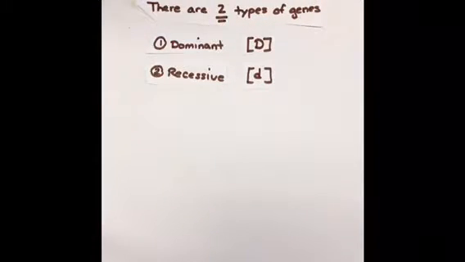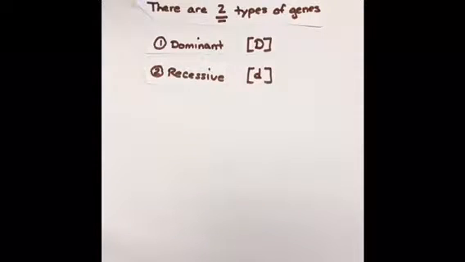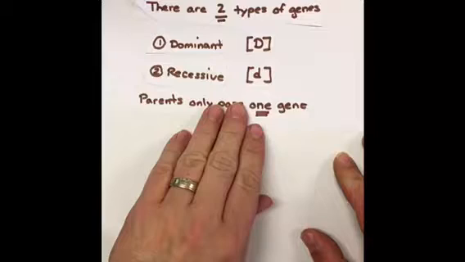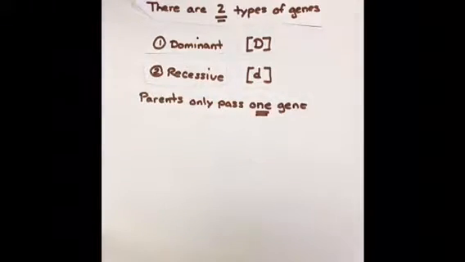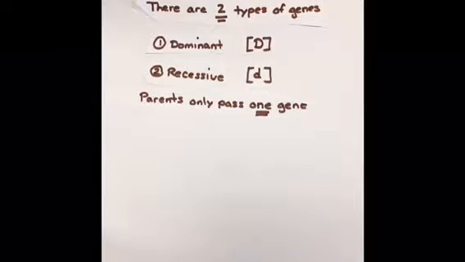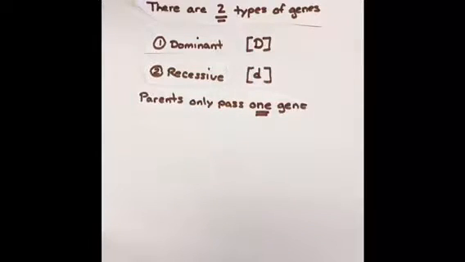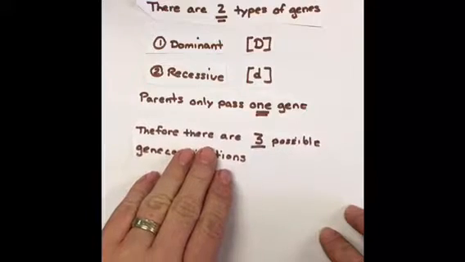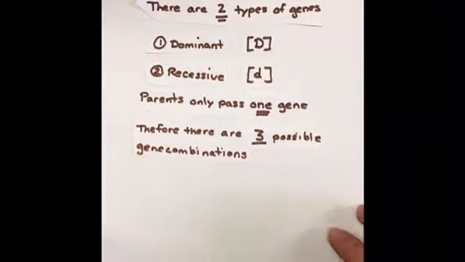Now, keep in mind that your parents can only give you one gene for each trait. They obviously pass on lots of genes to you, but only one for each trait. So, since that's the case, there are three possible gene combinations that you can have.